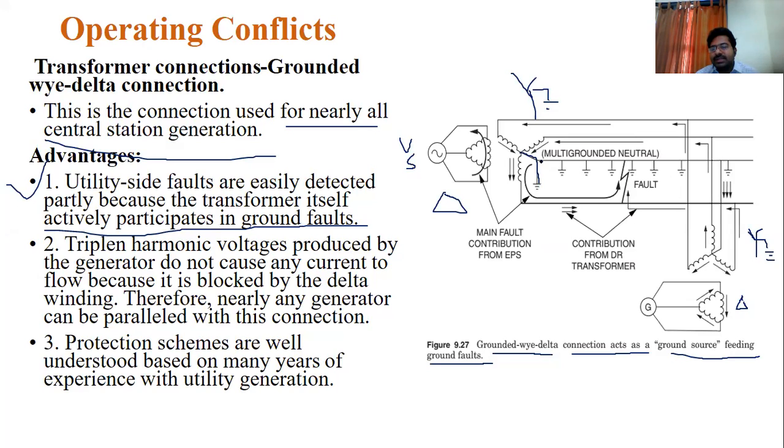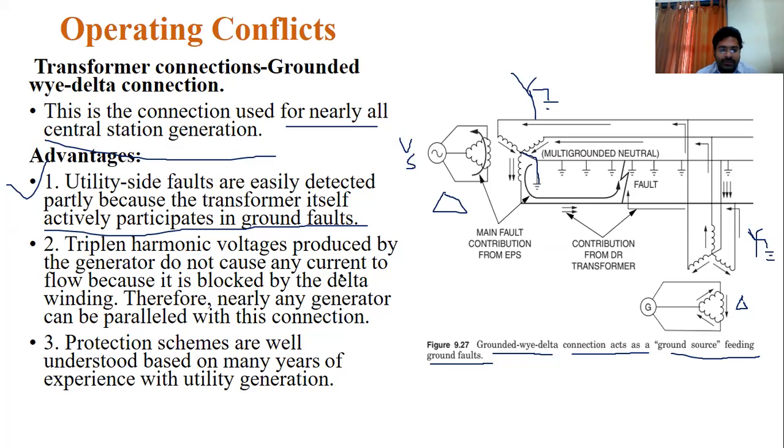Here they are considering a multi-grounded neutral point to reduce the impact of single line to ground faults. See, there is some fault here, and here, and here. Now see the direction of the current that is transferred, directly grounded from any of the phases through the transformer to the grounded neutral connection.